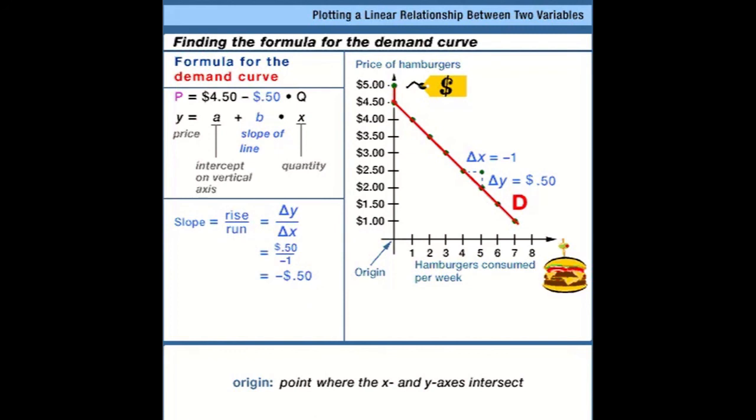So, for a straight line, the important terms are the vertical intercept, which shows up right here as this constant term, and the slope of the line, the rise over the run, which shows up as the coefficient on this variable. In this particular case, it's the coefficient on the quantity of hamburgers, negative 50 cents. Every straight line can be characterized by these two pieces of information, the intercept and the slope.